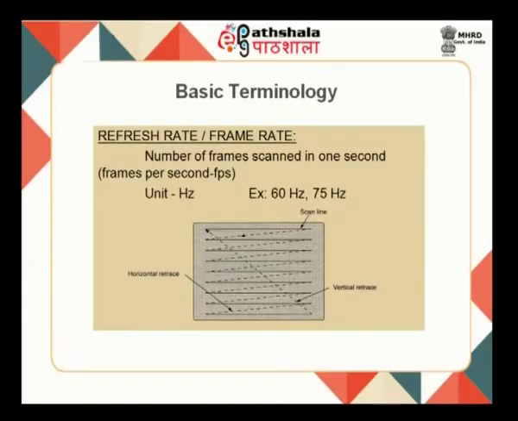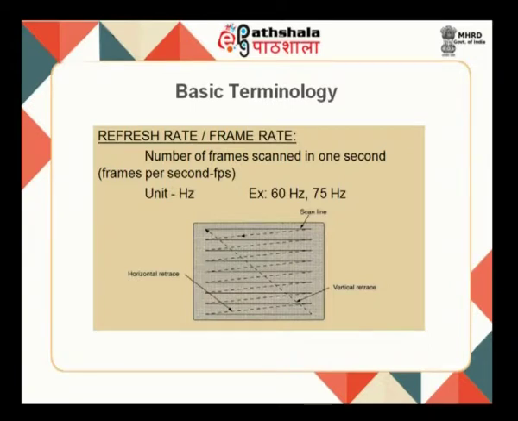So, it displays the same image 60 times a second. It redraws the image 70 times a second, 75 times a second, and so on. Your monitors have these settings; you can change your monitor to 60 Hz, 65 Hz, 70 Hz, 75 Hz, because the refresh rate is measured in Hz.